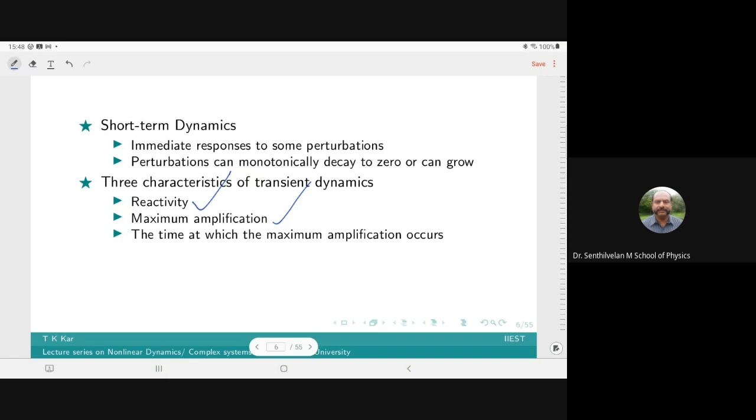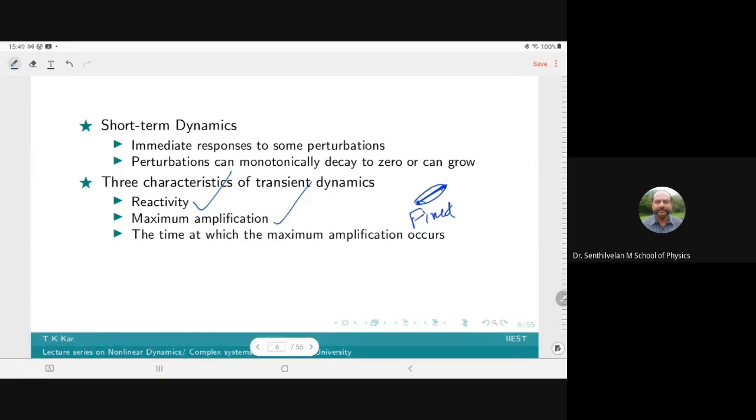Informally, suppose this is the fixed point, and there is a disturbance perturbing this point. It is perturbed to this point. Immediately after the perturbation, it may decay in this direction, or immediately after perturbation, it may move away from the fixed point first.